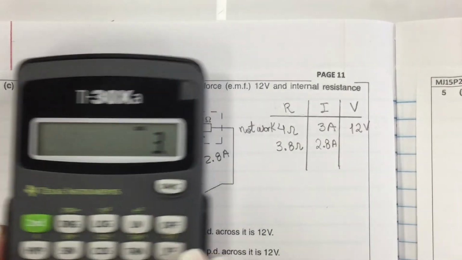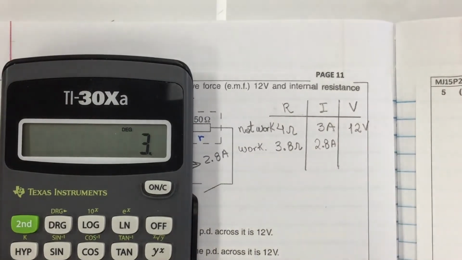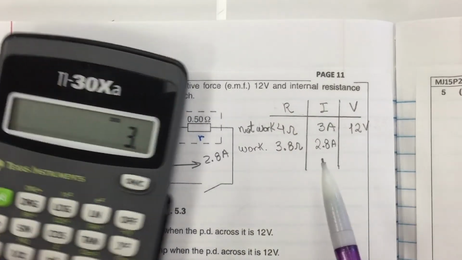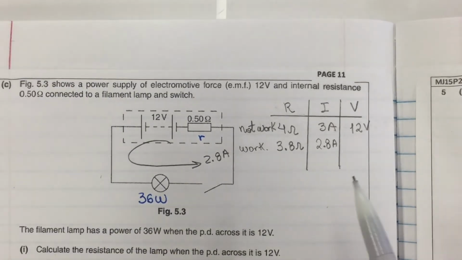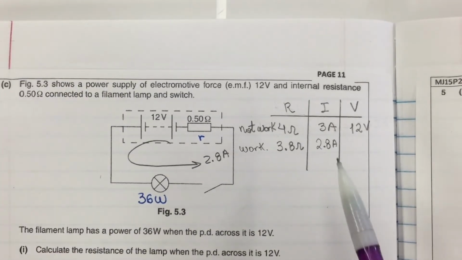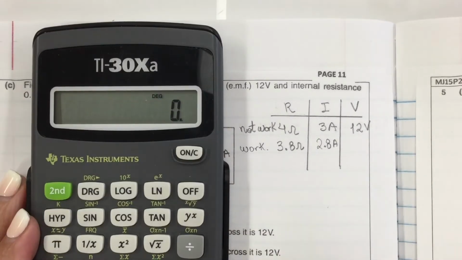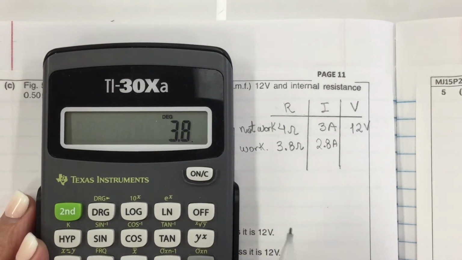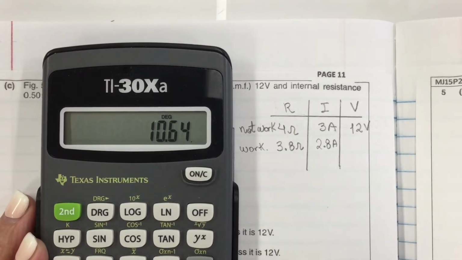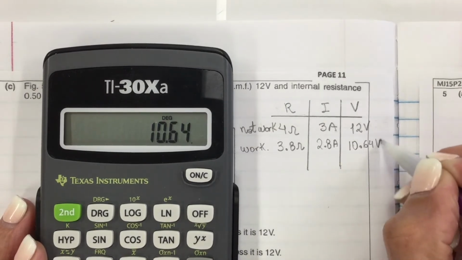Okay, what about when it's working? When the light bulb is working, I calculated the resistance, which is 3.8. The current was given in the problem, which is 2.8. So what is the voltage now? That will be 3.8 times 2.8, and I have 10.64 volts.